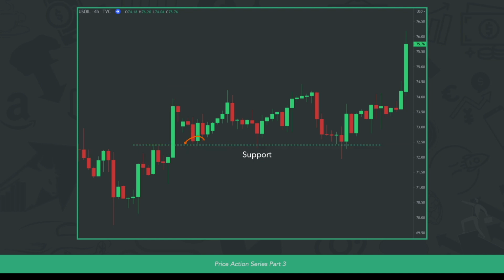Now, as you can see, ito yung first touch niya. And then nag-rally, binalikan niya the second time, nag-hold pa rin yung level. And then nag-rally ulit. Binalikan niya ulit the third time, pero hindi pa rin nag-succeed. Okay, hindi pa rin siya nag-succeed mag-trade beyond this support level and then nag-rally ulit to the upside. So itong level na to is a very clear support level.